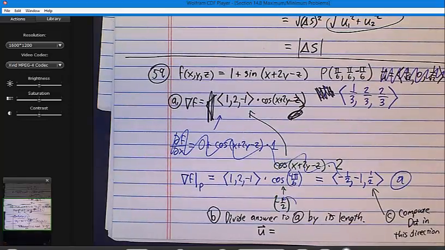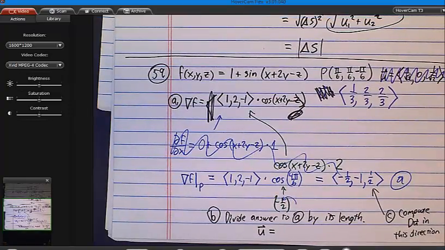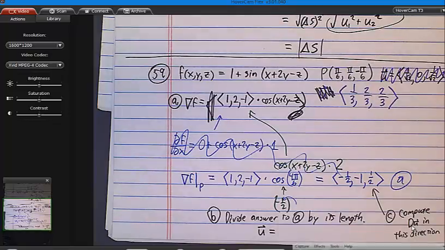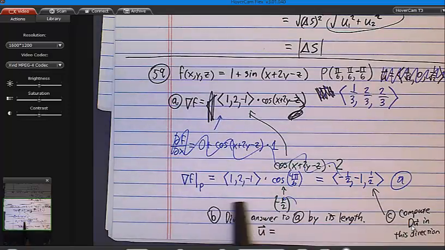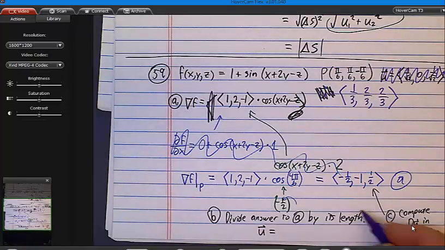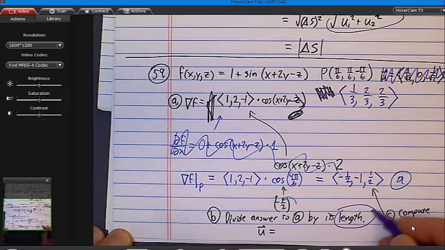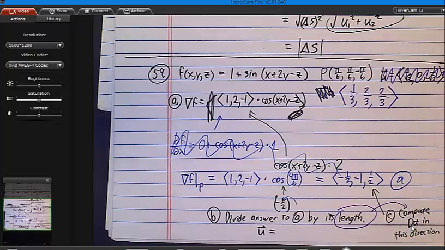I guess maybe I'll sum up and then I'll go spend the last 10 minutes on the most recent section. To sum up, they have you compute the gradient, evaluate it at a point, P. You have this thing. Part B says change it to a unit vector by dividing by its length. But its length will be the answer to part C, because that's like your maximum possible rate of increase.